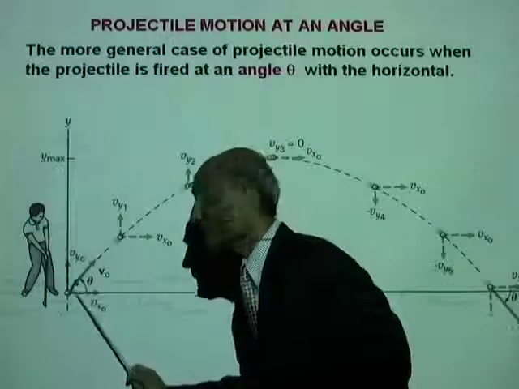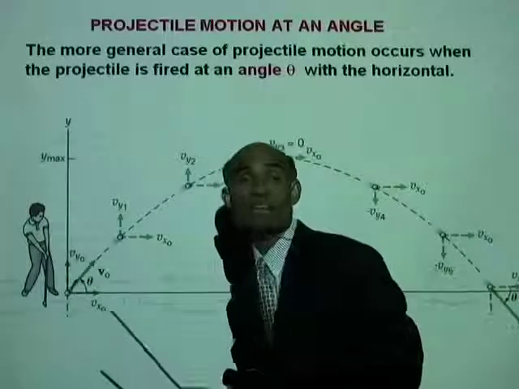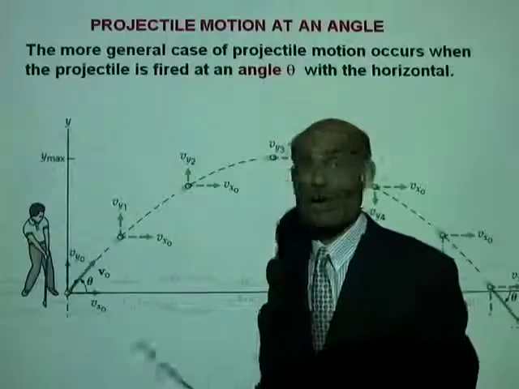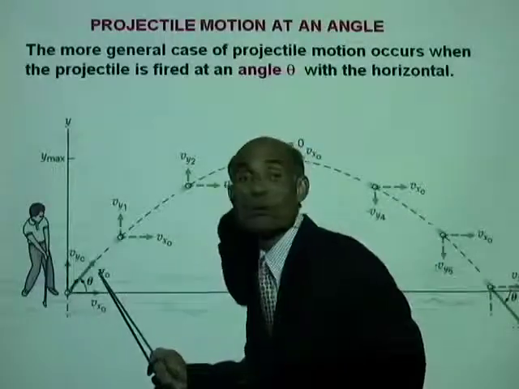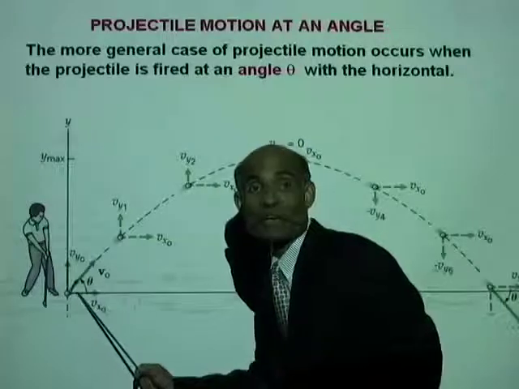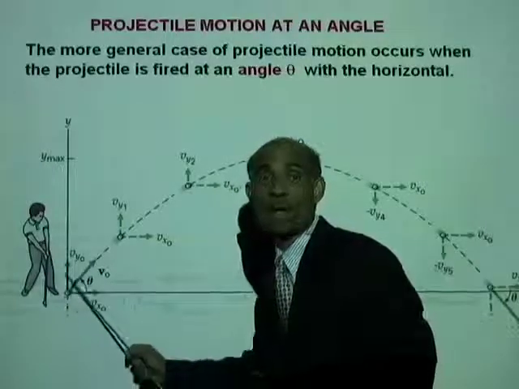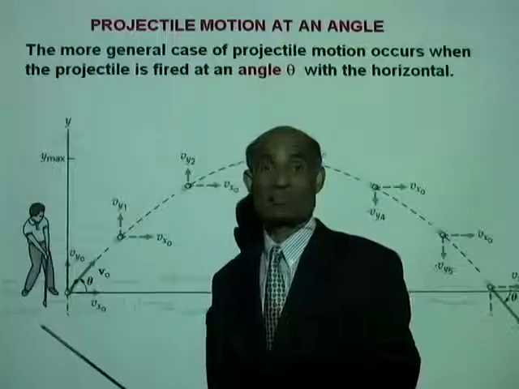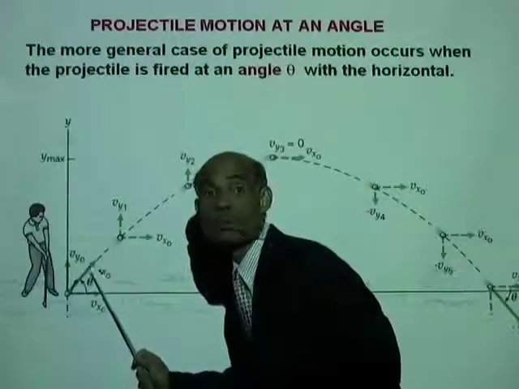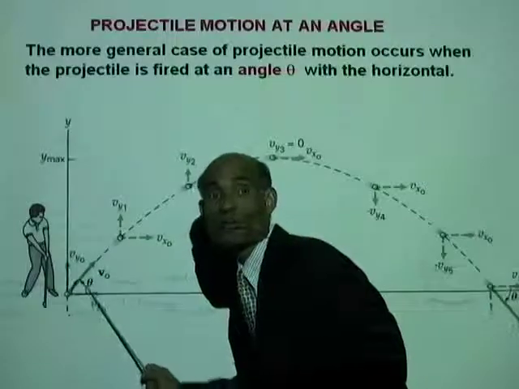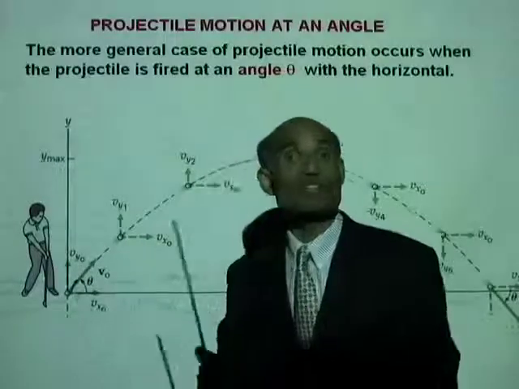Alright. If v0 is the velocity vector of the golf ball, can you tell me what are the components of this vector along the x-axis and along the y-axis? What is the component of v0? The angle it makes with the x-axis is theta.